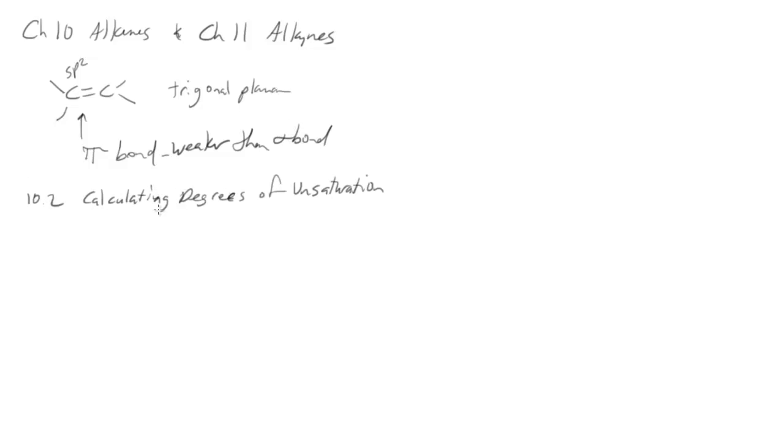So degrees of unsaturation is a tool that will be useful in helping us determine structures of molecules, a lot of times based on the molecular formula. So first of all, we need to talk about what saturation or unsaturation is. A molecule is saturated if it has the maximum number of hydrogens for each carbon atom.